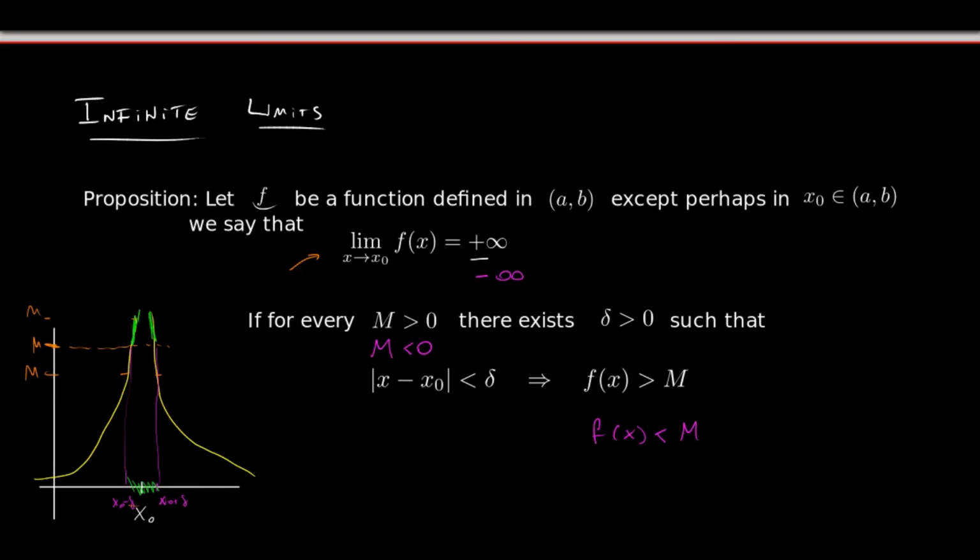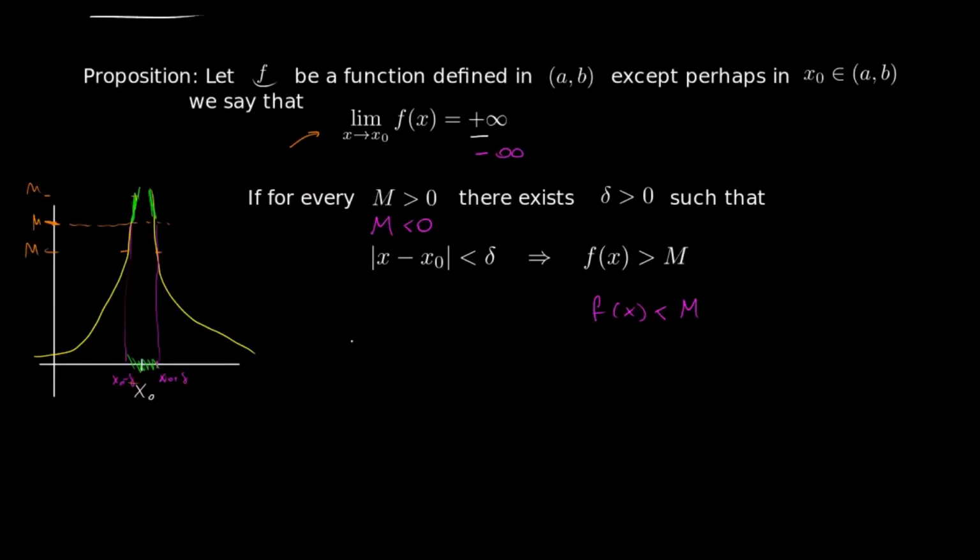And the typical drawing for this kind of situation would be like this. If this is x0, then our function would be doing something like this. But there are some other cases.